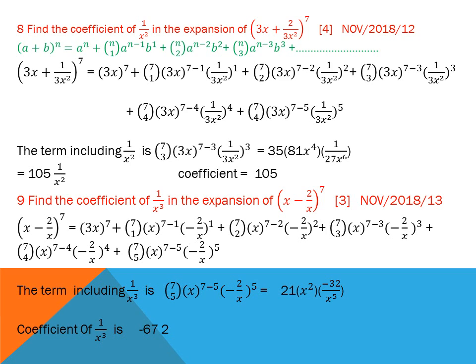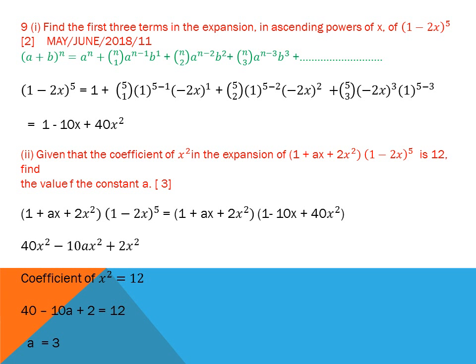It means 1 over x cube is included in term number 6, 7C5. 7C5 will become 21 x square and minus 2 power 5 will become 35 x power 5. I will get that the coefficient of 1 over x cube is minus 672.